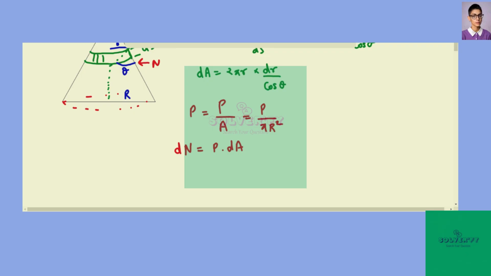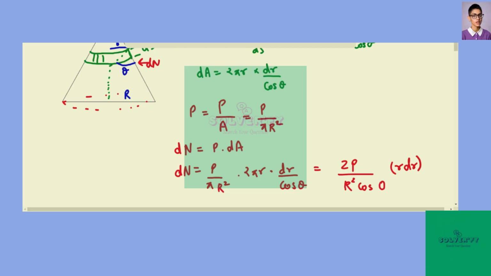This is P upon pi R square, and the elemental area is 2 pi r into dr by cos theta. So this is 2P divided by R square cos theta, and this is r dr.